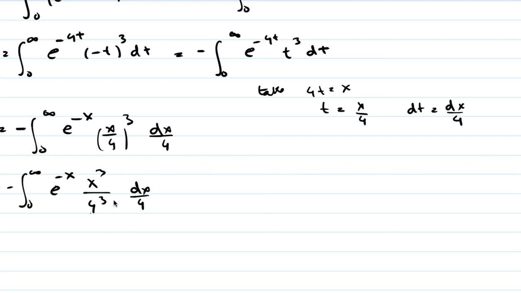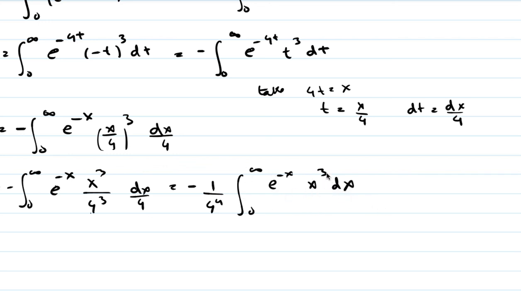So this is 4 raised to 4. These are all constants, so it becomes 1 divided by 4 raised to 4 of the integral from 0 to infinity of e raised to minus x of x raised to 3 dx. And this is our final result.